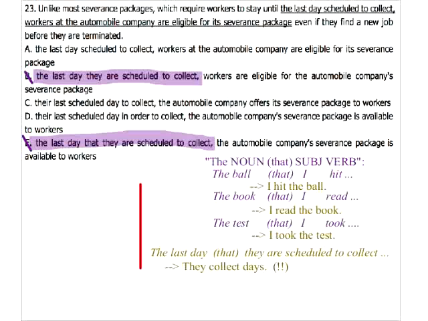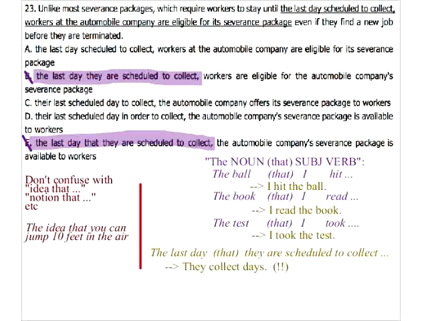Don't confuse it with idea that or notion that, etc. So if you say something like the idea that you can jump 10 feet in the air is ridiculous, this is a different thing. When you talk about idea or notion or concept or saying or anything like that, then you're describing the idea with the following clause.